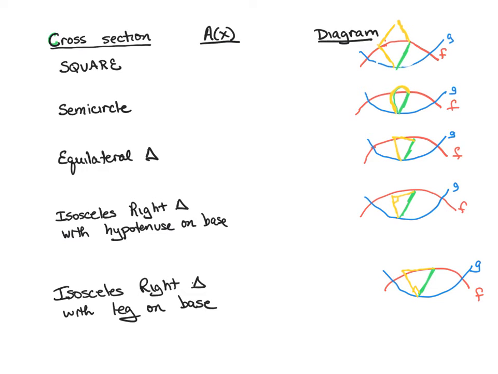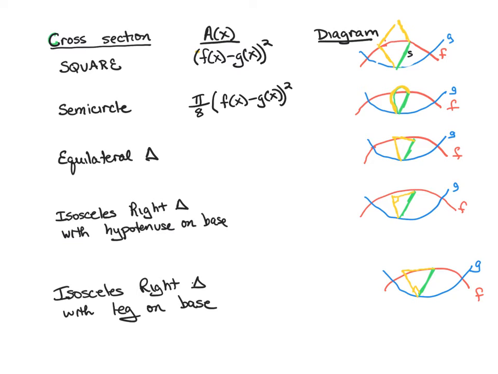But since S is top minus bottom, your integrand would look like this: f of x minus g of x, squared, because this is S. For a semicircle, we had a pi over 8 on the outside, but here we had to square S, so it was f of x minus g of x squared.